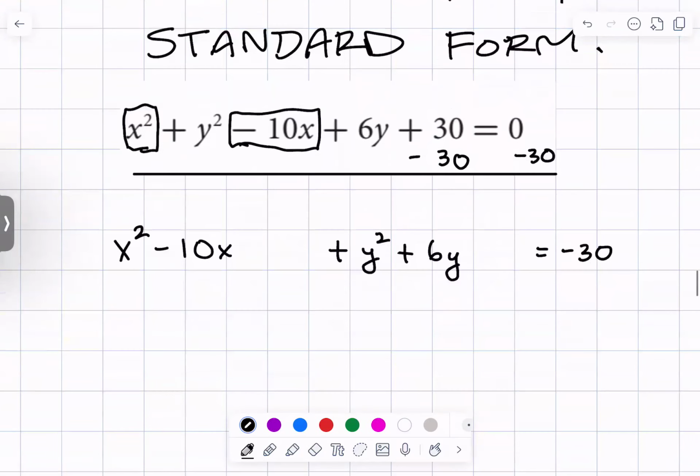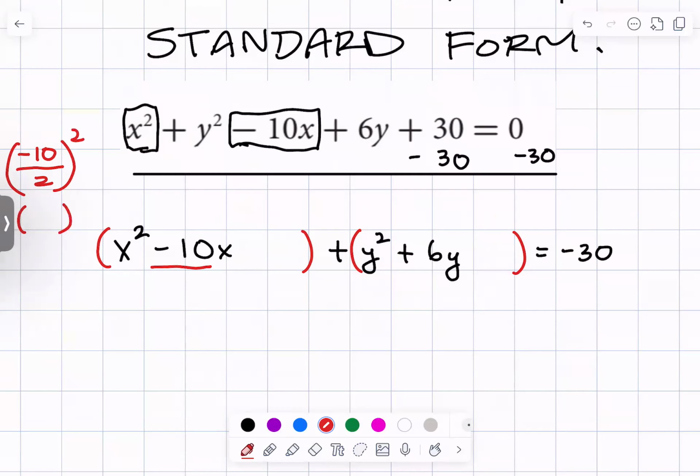Okay. And now I'm going to complete the square twice, one for the x's and one for the y's.